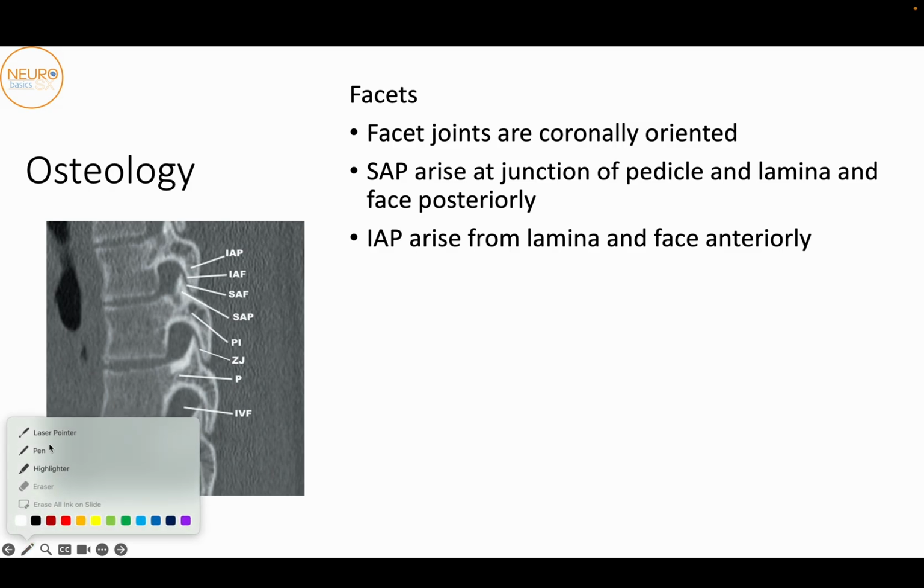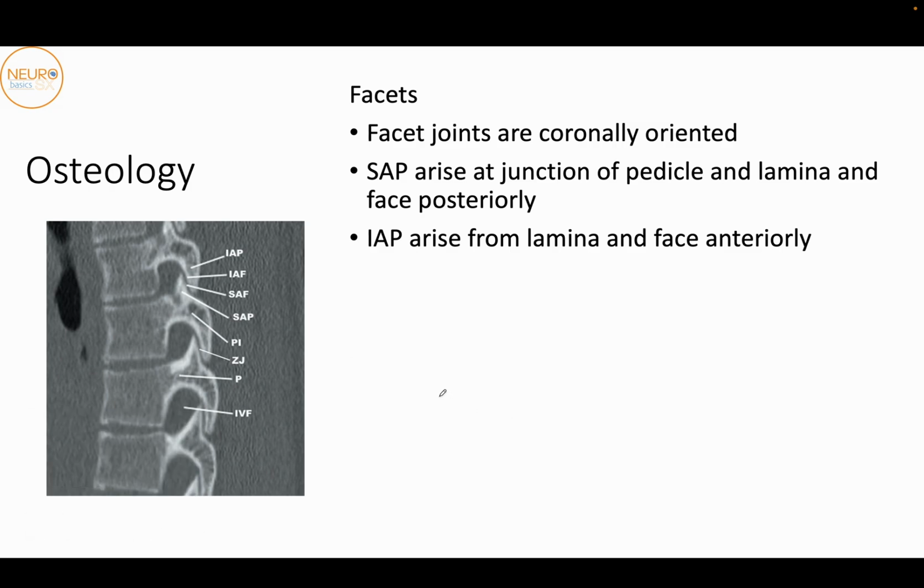So if you were to see, for example, an X-ray or a CT, you'll have one articular process like this and another articular process like this. Okay, so they'll be oriented coronally, while in the lumbar vertebra, they're oriented sagittally. So you'll have one articular process like this and the other one on the outside. So that's how we can differentiate between a thoracic and a lumbar facet joint.